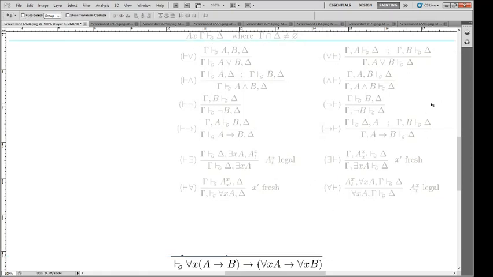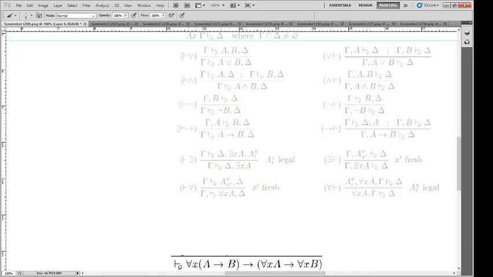Okay, so how do we approach this problem? Well, we want to get rid of the for all quantifiers here so that we can split up these implications and get, for example, an A and a B on each side of the provability symbol.